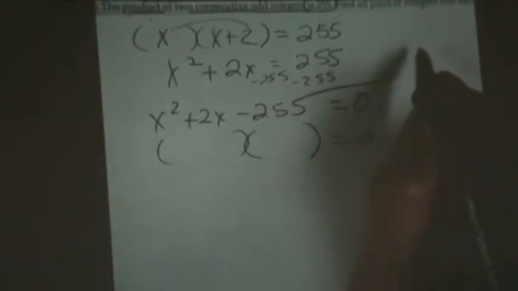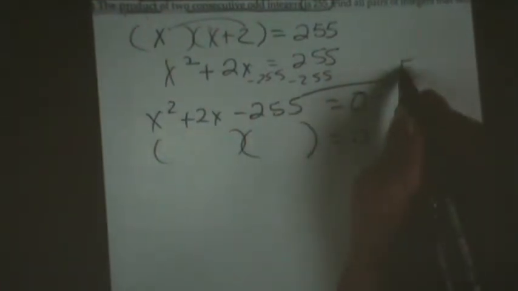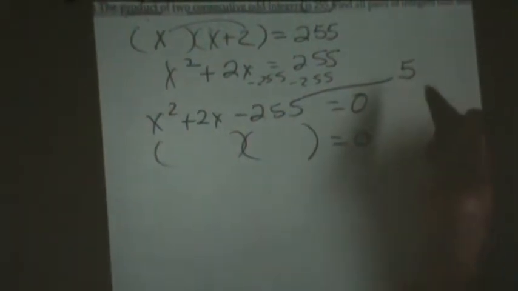Okay, to get 255, we know it's not going to be 1 times 255. 2 won't go. Let's see, 5 times 51. No. Okay. Let's see. What are the factors of 51?